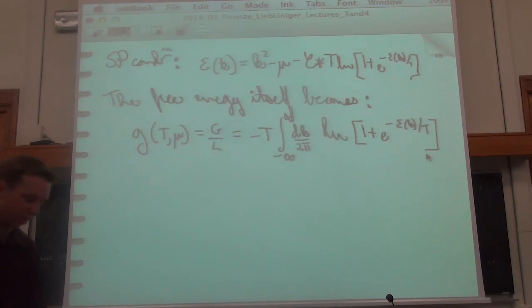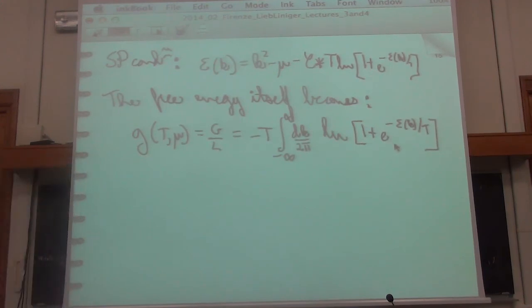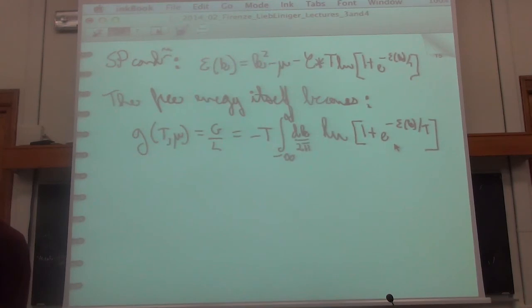This is nice because there's a very nice cancellation between loads of complicated terms, and what it gives you is an expression for the free energy which is dangerously reminiscent of expressions you will have seen for free energies of fermionic systems.